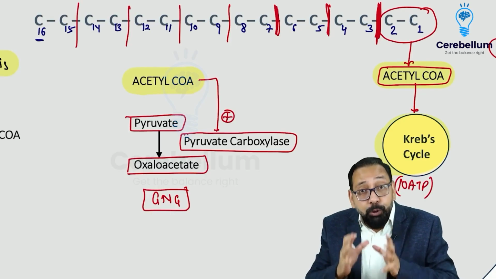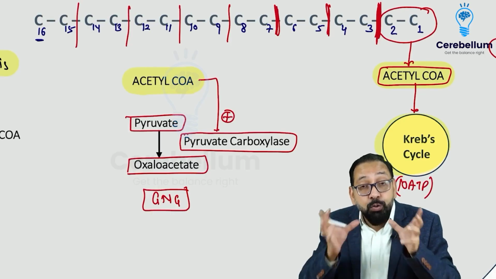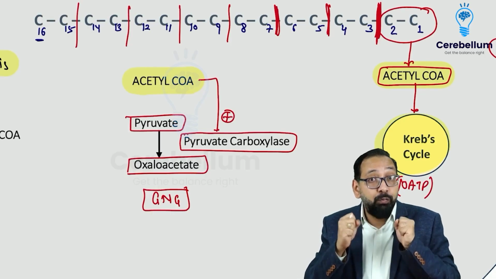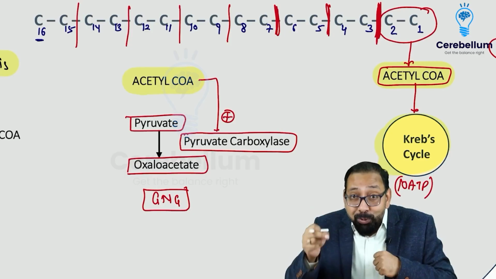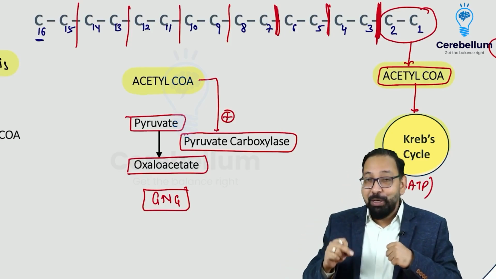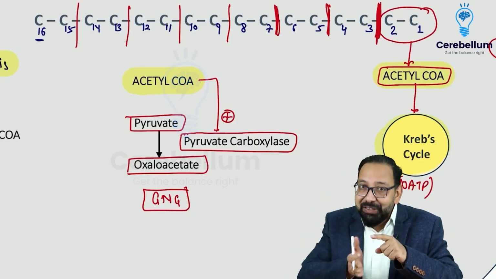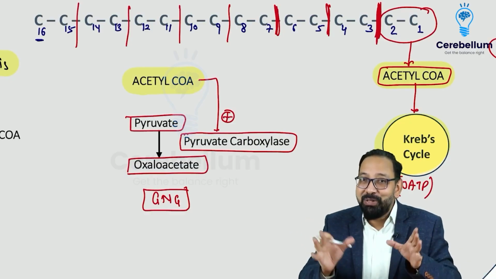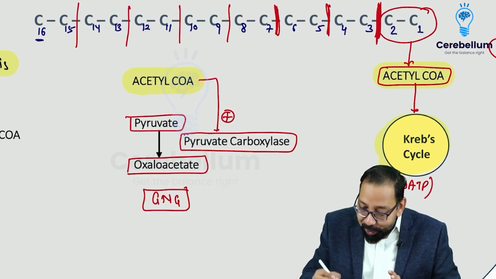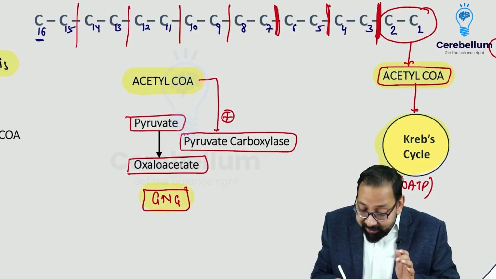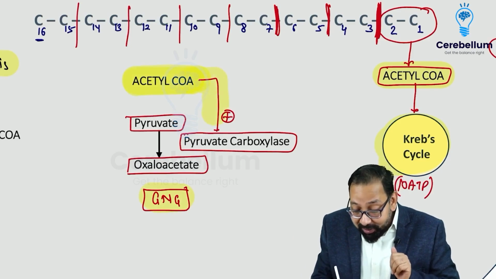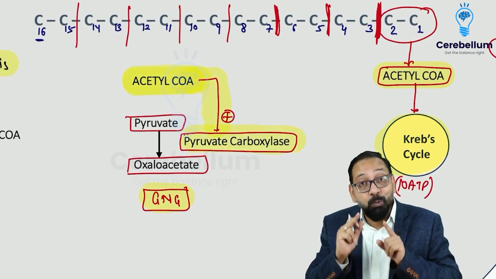In gluconeogenesis, we synthesize new glucose, and in the synthesis of new glucose we require energy, and that energy also comes from beta oxidation. So beta oxidation occurs, energy is produced, and this energy is used for gluconeogenesis. Beta oxidation occurs, acetyl coenzyme A is produced, and this may activate gluconeogenesis.